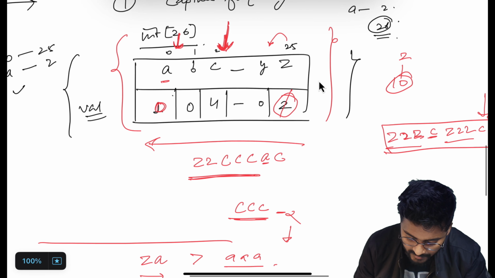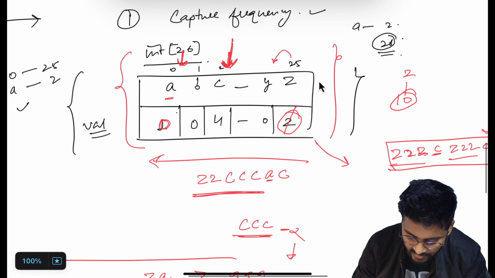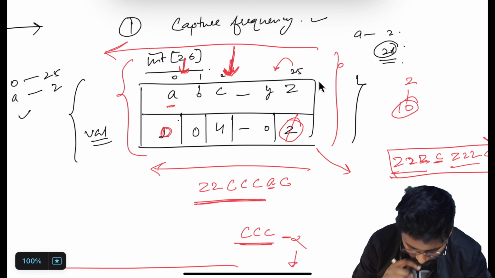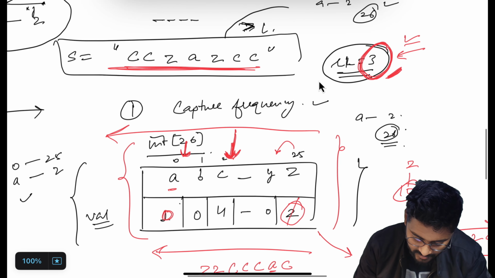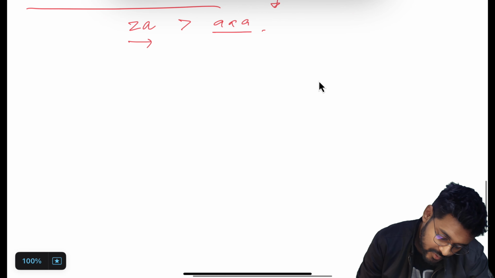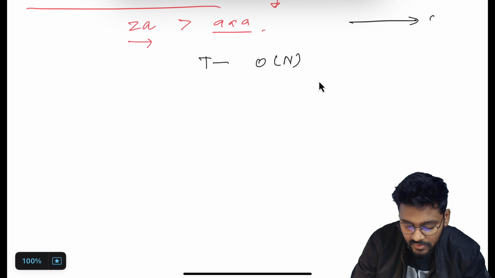Okay, now what is the time and space complexity? Space complexity is just taking an array of 26 size, and time complexity is going over this iteration 26 times. But before that, I am capturing the frequency. So let's say the length of the string is n. So the time complexity would be order of n, iterating over the string s to capture the frequency in the map.